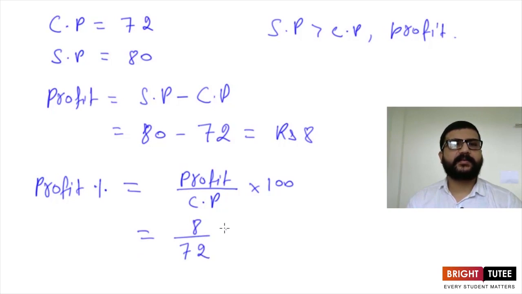CP is 72 into 100. Now 8 ones are 8, 8 nines are 72. So now this is 100 upon 9. Now we can write this as a mixed fraction also. So that will be, and how can we do that? We have to divide 100 by 9. So let's divide it.